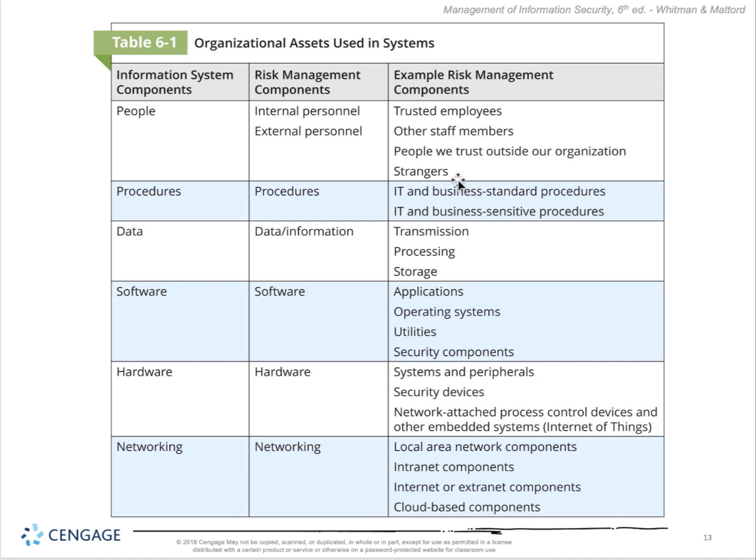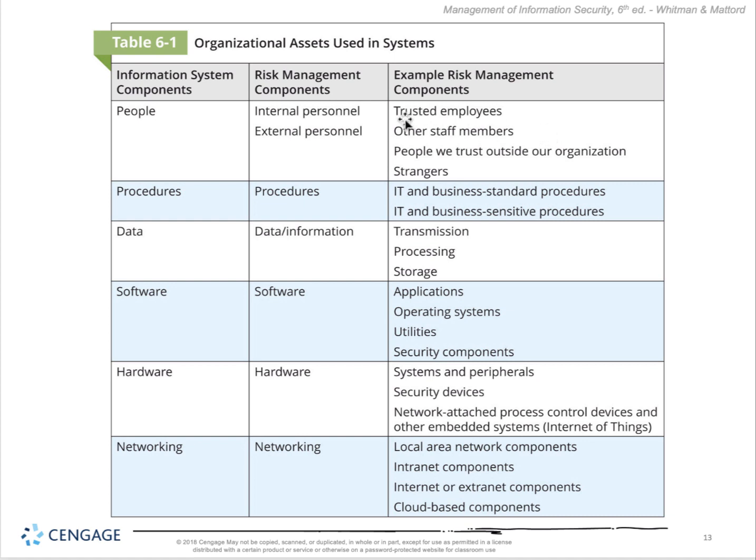Clients are strangers, right? But even if you consider trusted employees, although you trust them, that can actually be even worse, because trusted employees will most likely have privileged access, right?